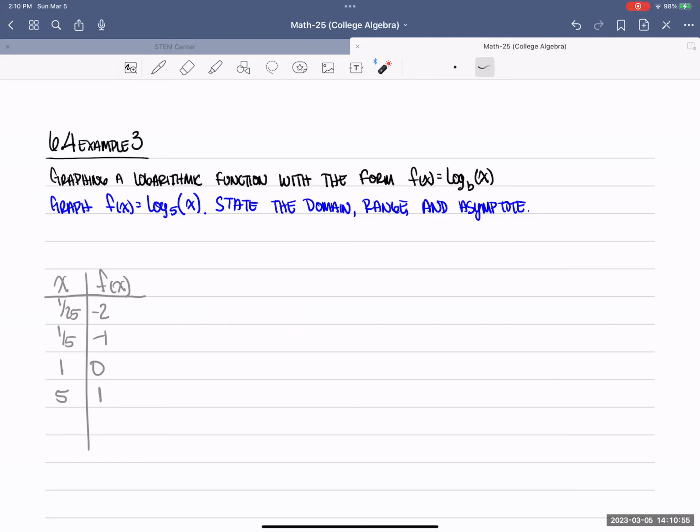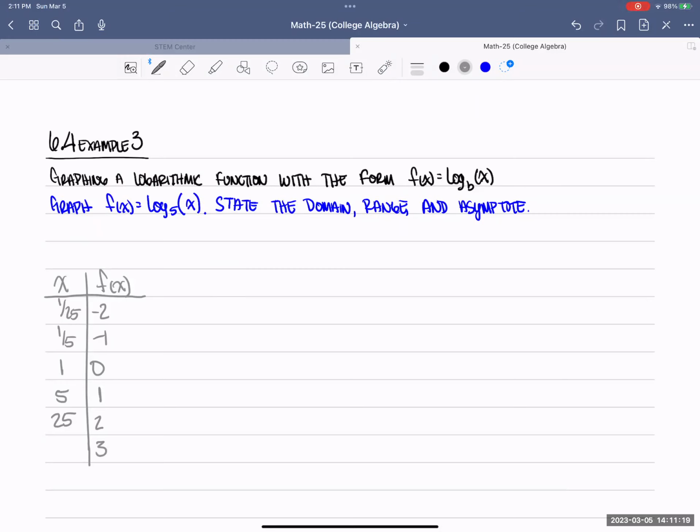So going up. So 5 to the power of negative 2 was 1 over 25. Negative 1 is 1/5. 0 is 1. 5 to the power 1 is 5. Now let's look at 2. 5 to the power 2 is going to give us 25. We could do 3 if you want to. Yeah, let's do 3.